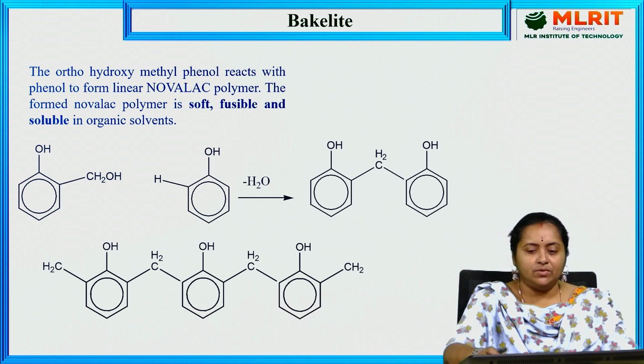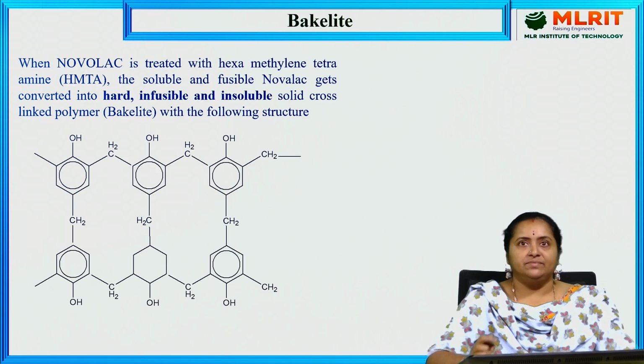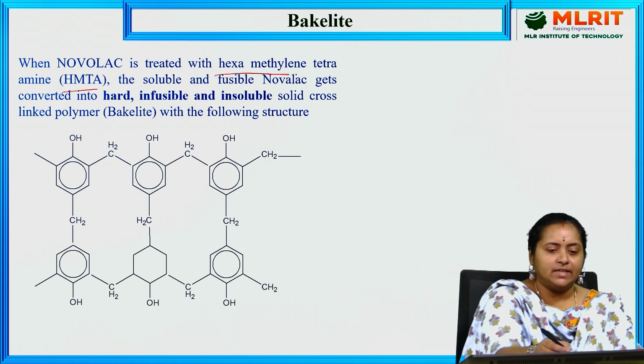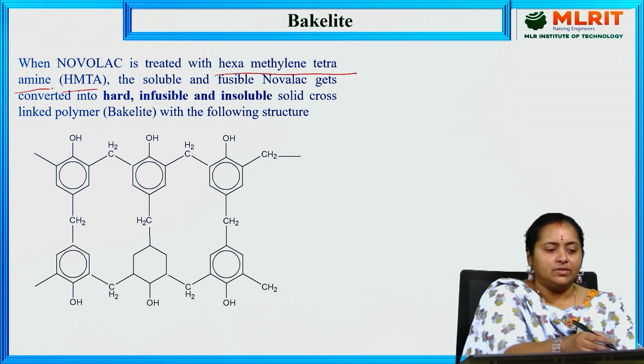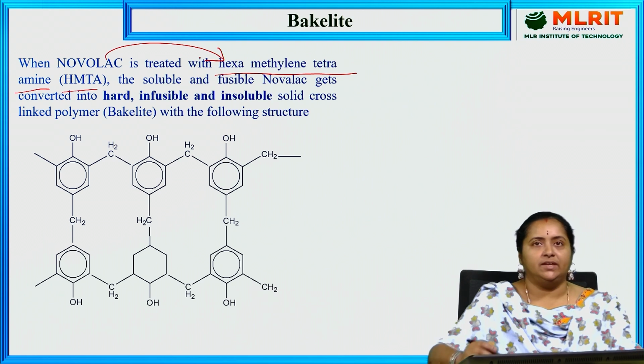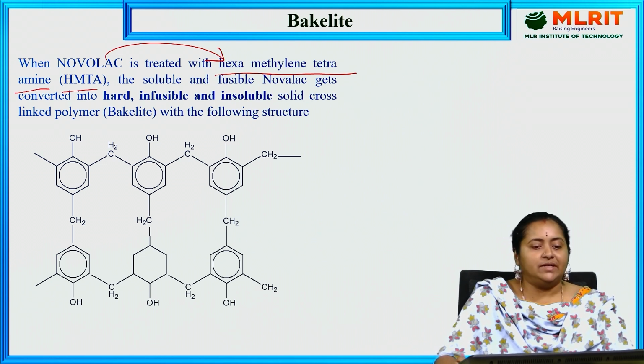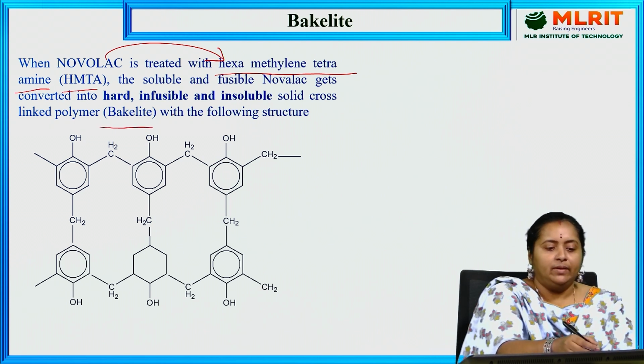If this Novolac is treated with the polymerizing agent HMTA, which stands for hexamethylene tetraamine, which is able to create a 3D network in the polymer backbone, then it is able to form a pink colored, hard, infusible, insoluble solid, which we call the cross-linked organic polymer bakelite.